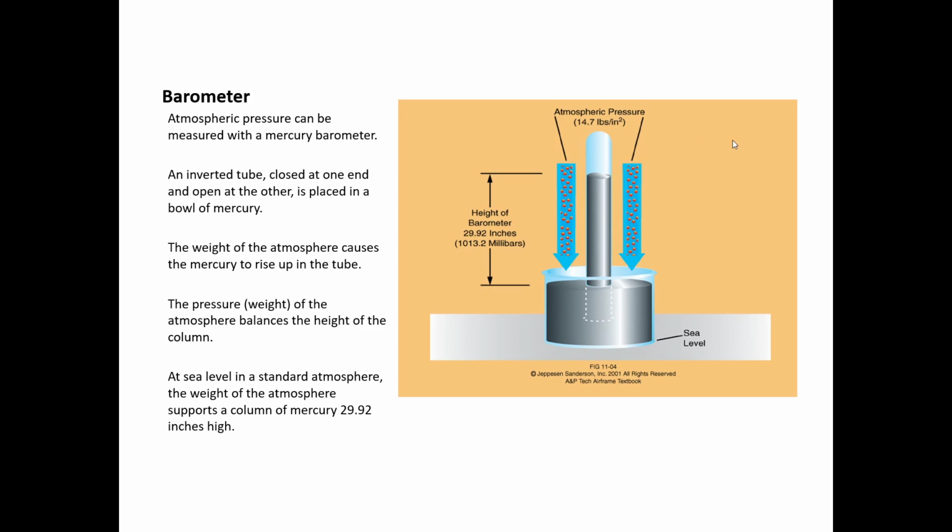And prevailing atmospheric pressure at ground level, what you're feeling right now more than likely, is 14.7 pounds per square inch, which is also referred to as 29.92 inches of mercury, which is what they're actually demonstrating here.